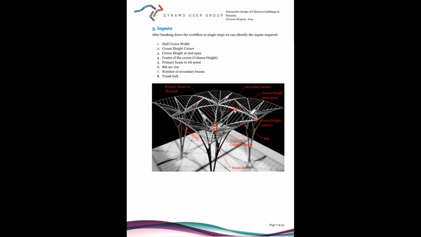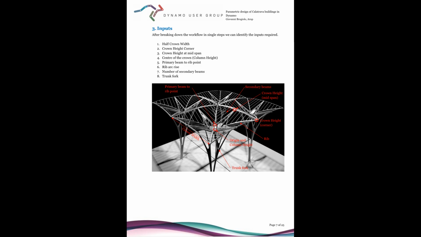The height of this point of the crown at mid span and at the corner. So the mid span point is going to be higher than the origin point, and the point in the corner will be halfway through the midspan and the origin.